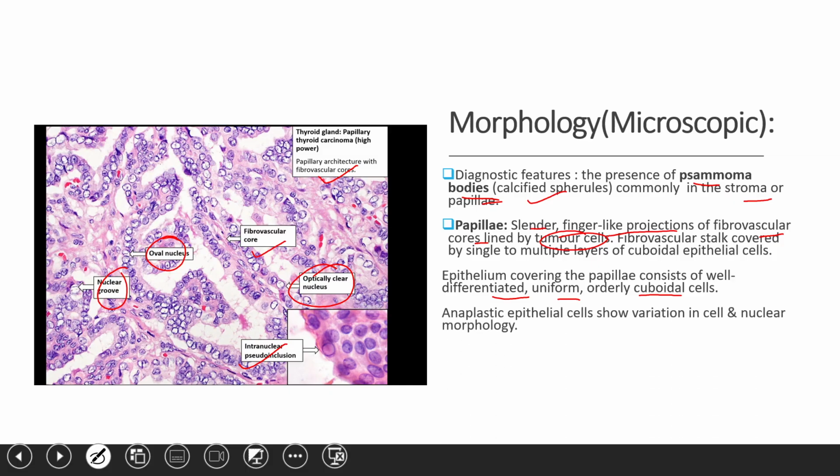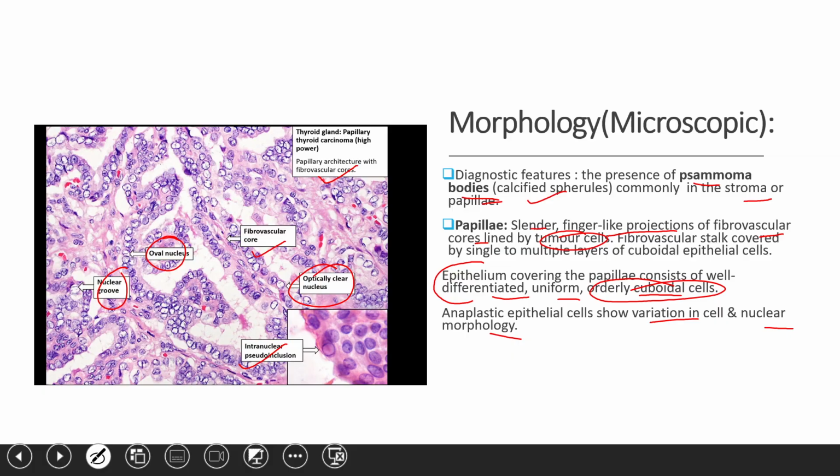If it is anaplastic, then there is variation in the cell and nuclear morphology, but if the anaplastic nature is not present, and there is well differentiation of the cells, then orderly placed cuboidal cells are present.